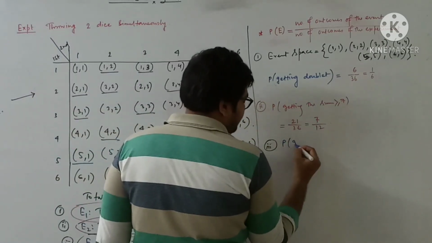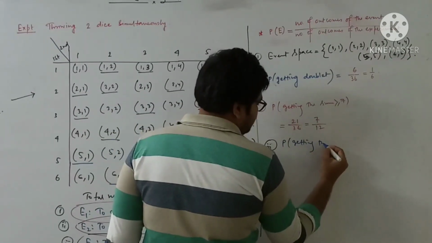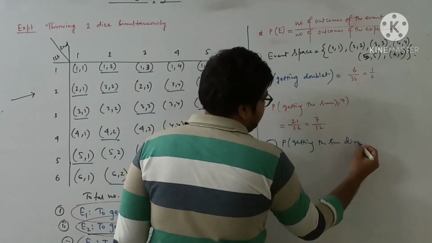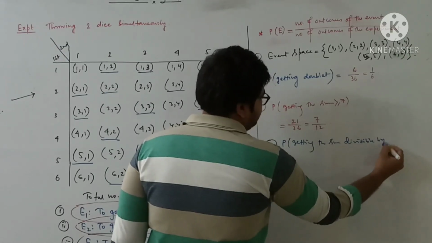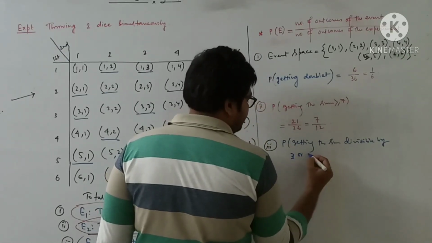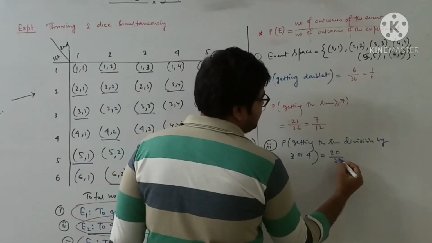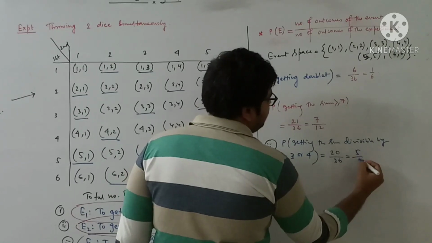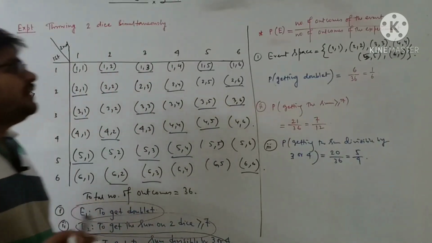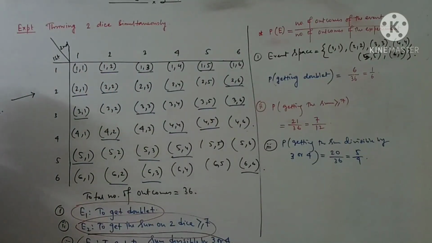So the probability of getting the sum divisible by 3 or 4 is 20 by 36, dividing by 4, 5 by 9. I think you understand the sum.